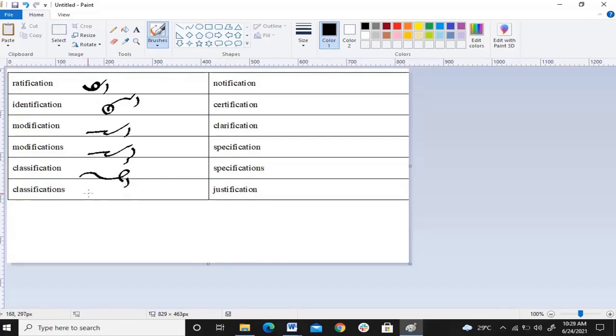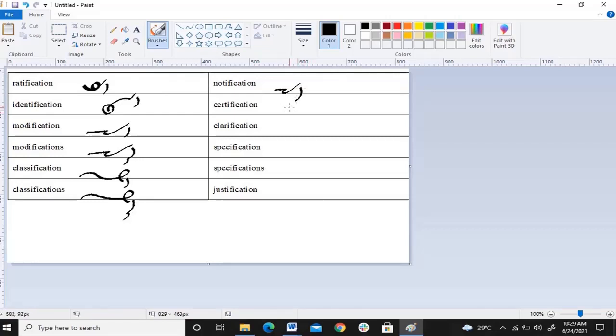Next, classifications. So, the same as modifications, you're just going to add S in the ifications. So, we have class, C-L-A-S, and then fications. Okay? Next, notification. So, we have note, N-O-T, and then fications.